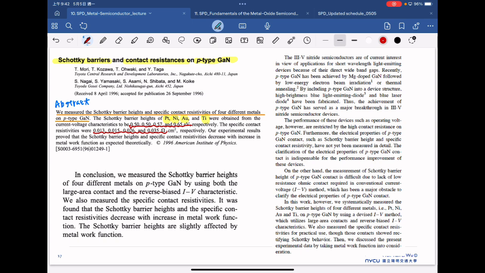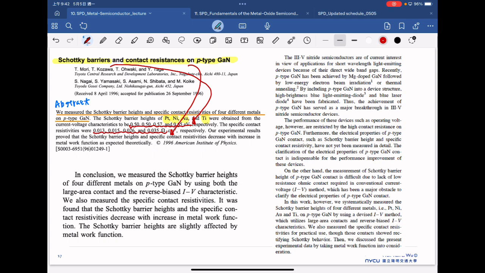This is just trying to be consistent with the title, because the title already mentions that this paper discusses the Schottky barrier and contact resistance. So we expect that the abstract should also mention information related to the Schottky barrier and to the contact resistance.